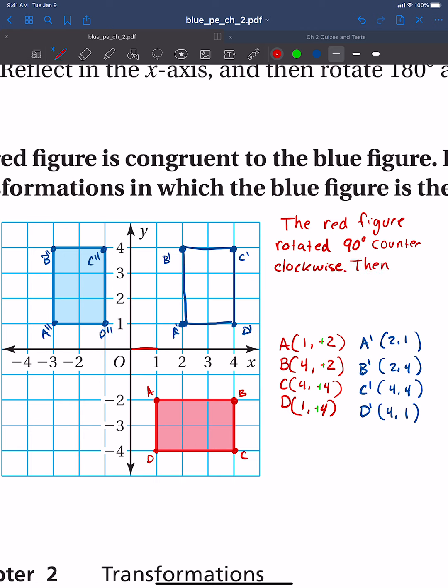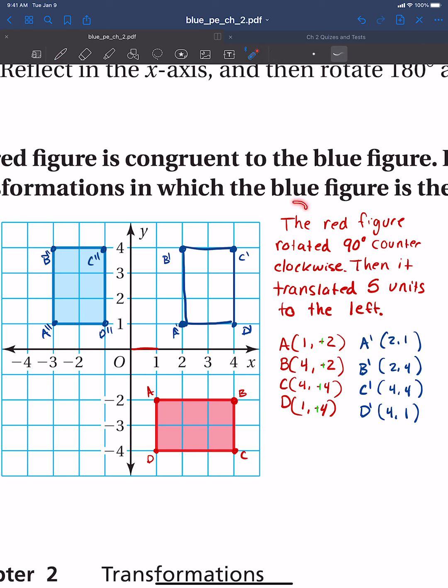Then it translated, how many? 1, 2, 3, 4, 5 units to the left. 5 units to the left, and that's it. That's what your answers look like.